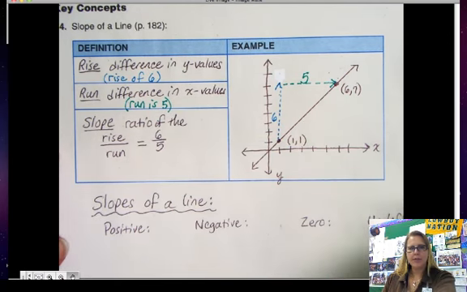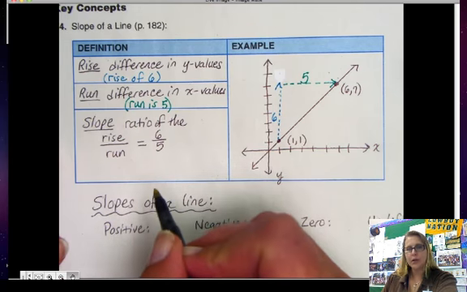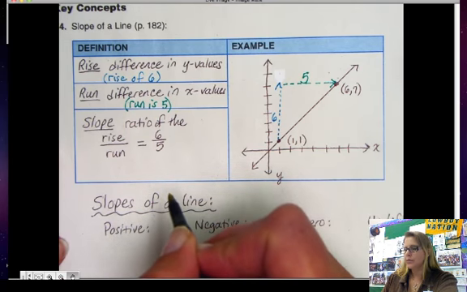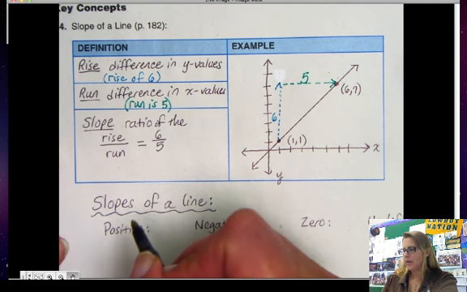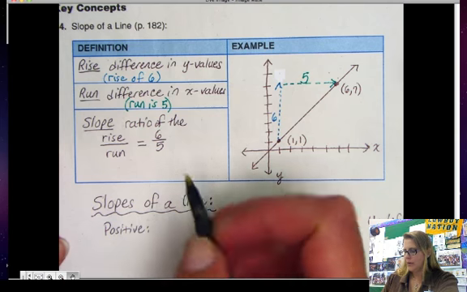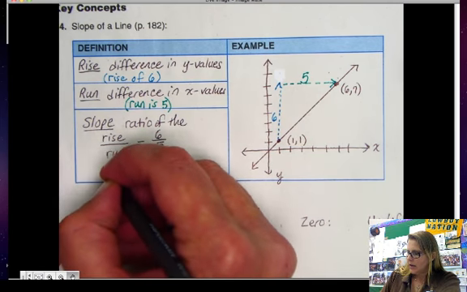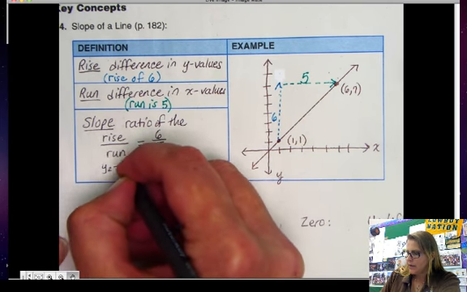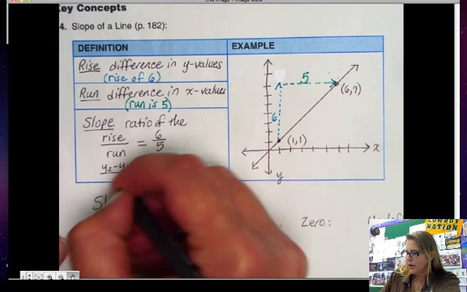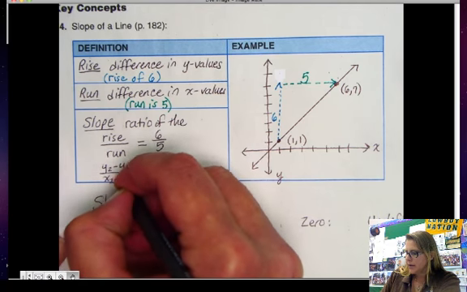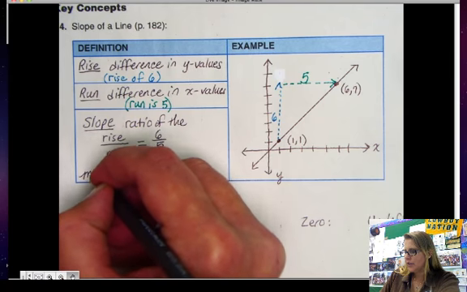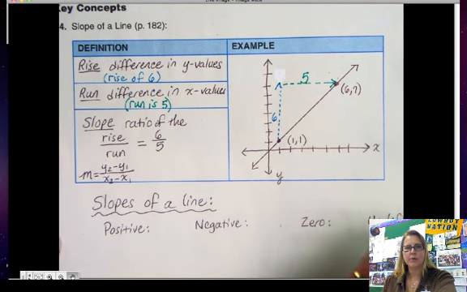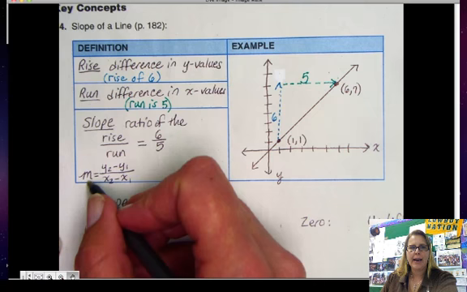If I were to use the slope formula, which you learned earlier in Algebra 1 and maybe earlier than that, your slope formula is y2 minus y1 over x2 minus x1. Usually in formulas, slope goes by the lowercase cursive letter m.